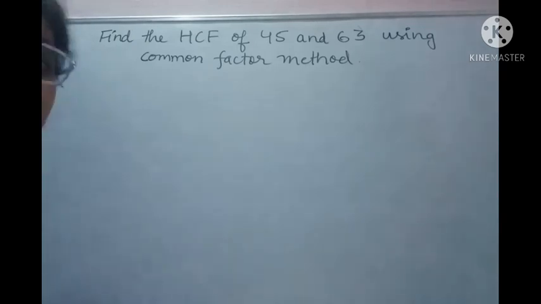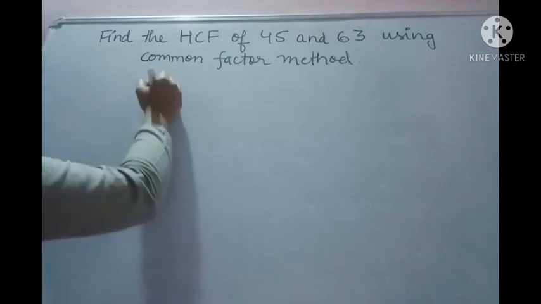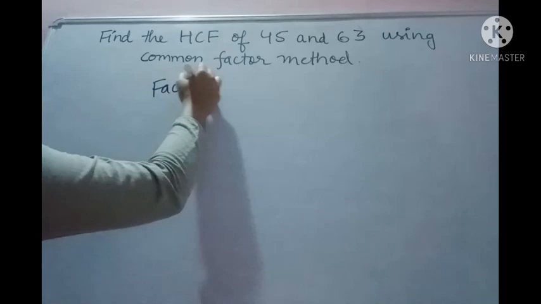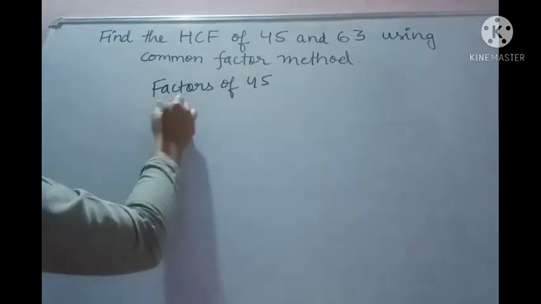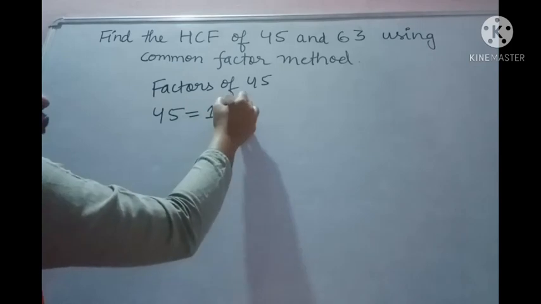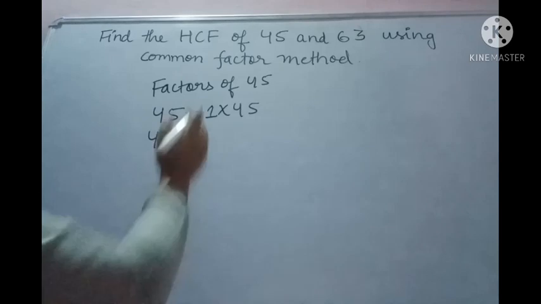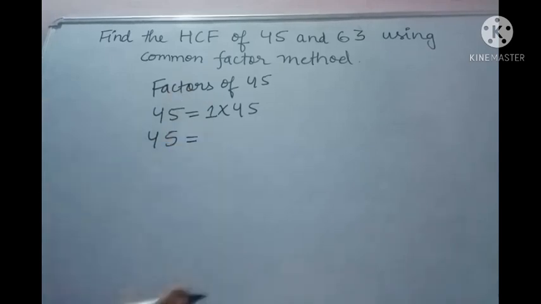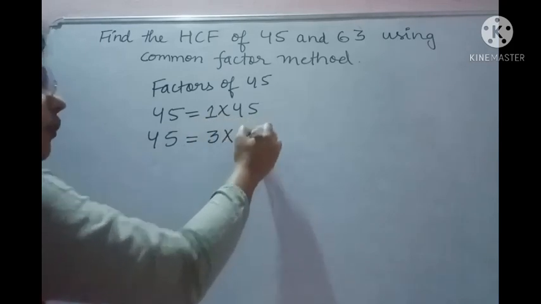First of all, find the factors of 45. How will we find the factors of 45? I will tell you a very short trick here. Factors of 45: you know 45 can be written as 1 multiplied by 45. It's not in the table of 2, but it's in the table of 3. So you can write 45 as 3 into 15, since 3 ones are 3, 3 fives are 15.